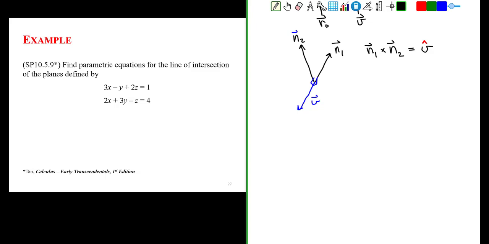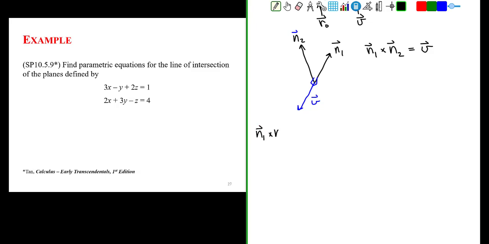And we don't have to call it a unit vector. So let's just go ahead and say n1 cross n2 will be our vector v, because v is perpendicular to both vectors n1 and n2. Well, let's evaluate that cross product.